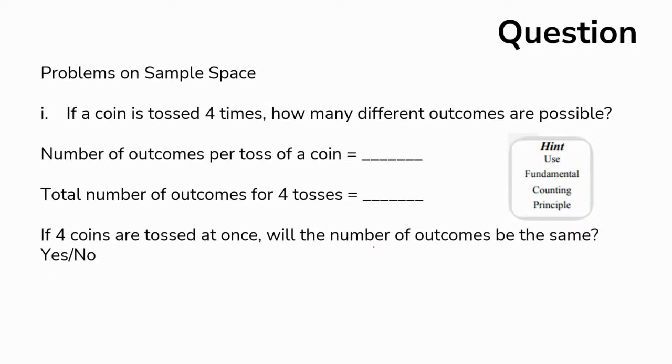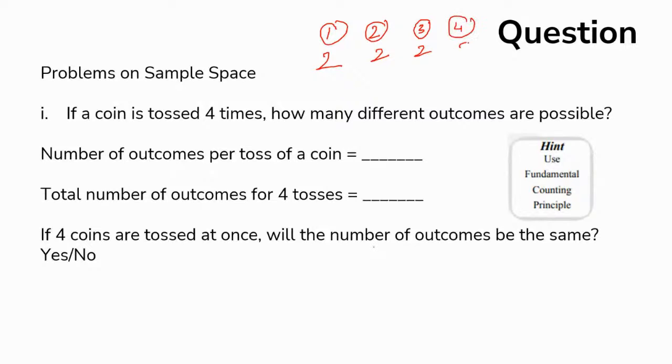In this case, what they're saying is, if you toss 4 coins at a time, how many different outcomes are possible? Whenever we come up with the different outcomes, for tossing one coin there are two outcomes. For the second coin also two outcomes, the third coin also two outcomes, and the fourth also two outcomes.